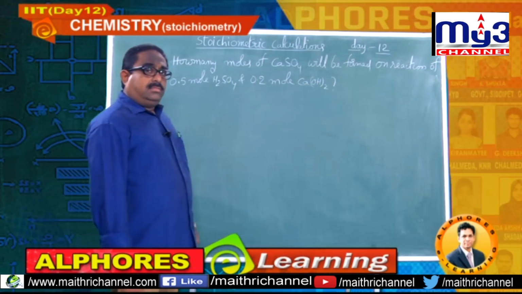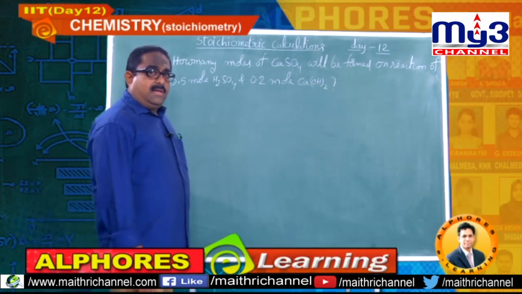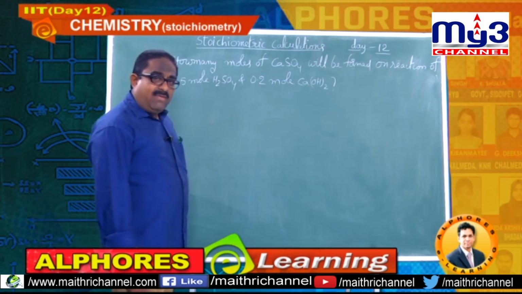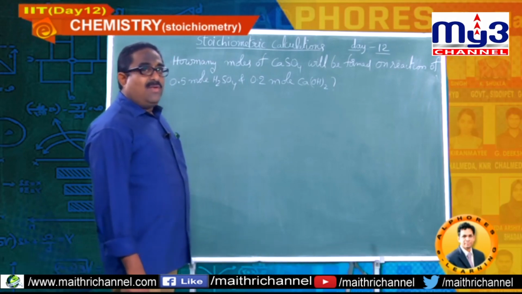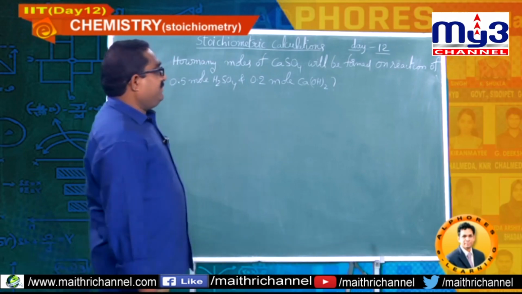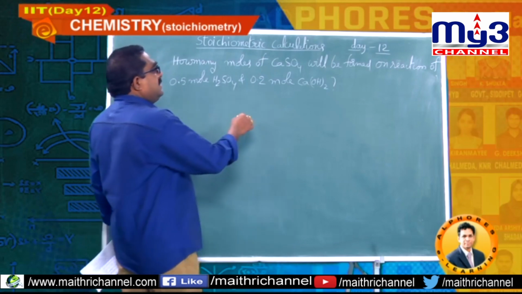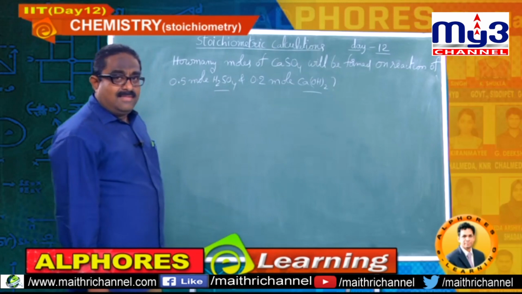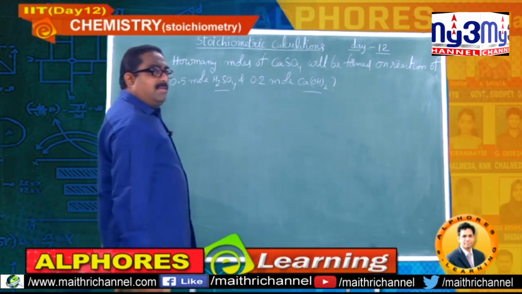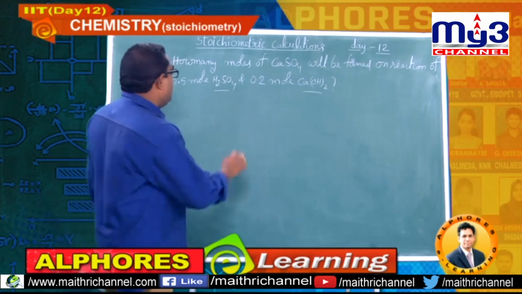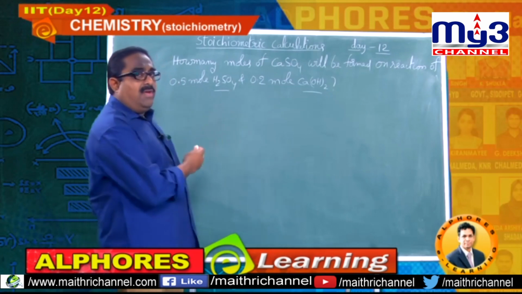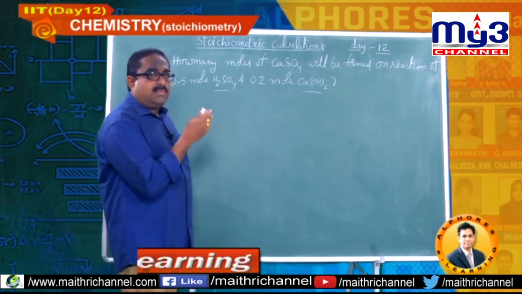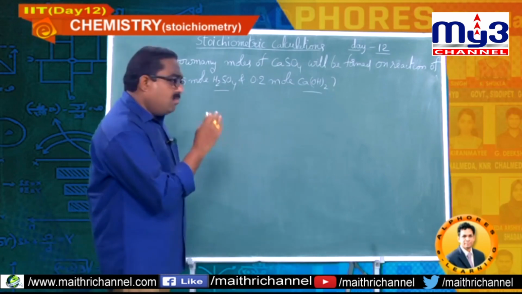Now, we need a balanced chemical equation to solve this question. This is a simple acid-base reaction. Acid and base always react together to form the corresponding salt and water.